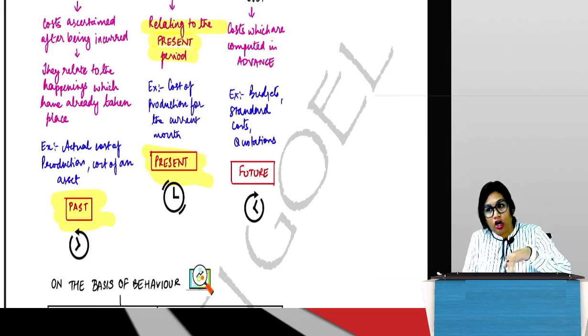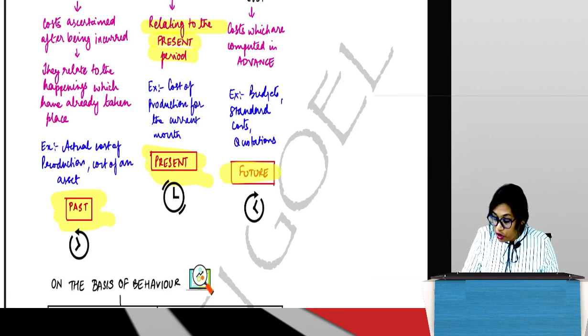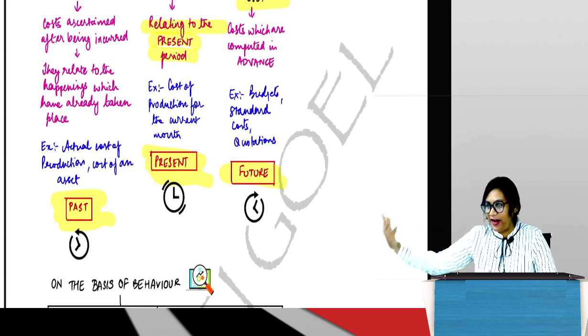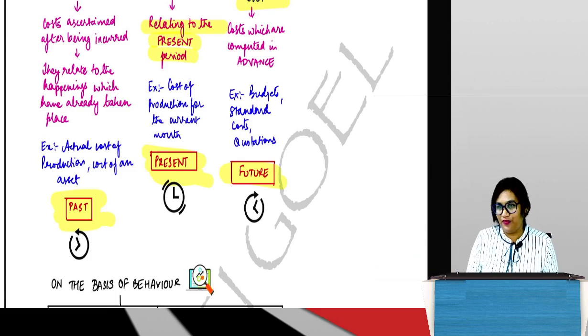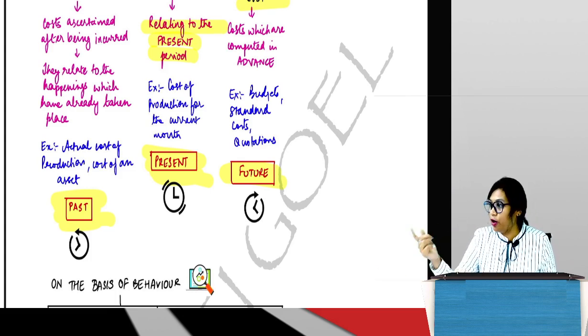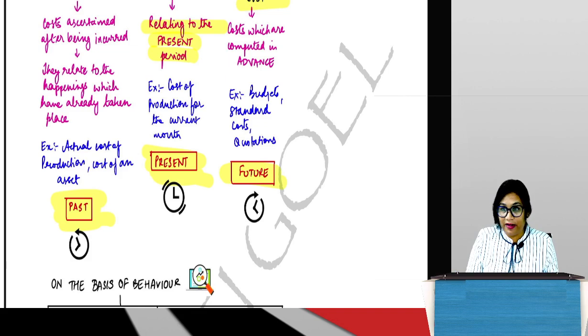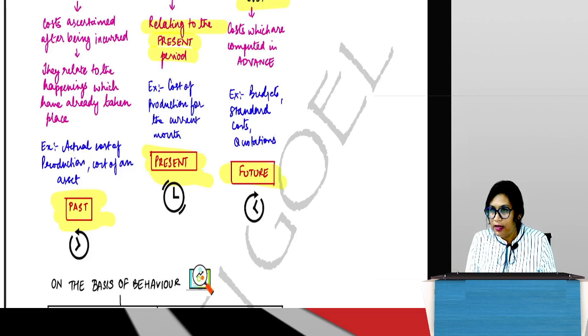Guys, the future cost. Now only future was left. The future costs are known as predetermined costs, as the English word suggests. Before the event is happening, I have determined the cost today, right? So you remember yesterday's example of Pawan and Mai, where she wanted to get furniture manufactured from Pawan, right? And had he manufactured the furniture for her? No. She wanted 100 units. She asked him for a quote: give me a quote, then I will tell you.